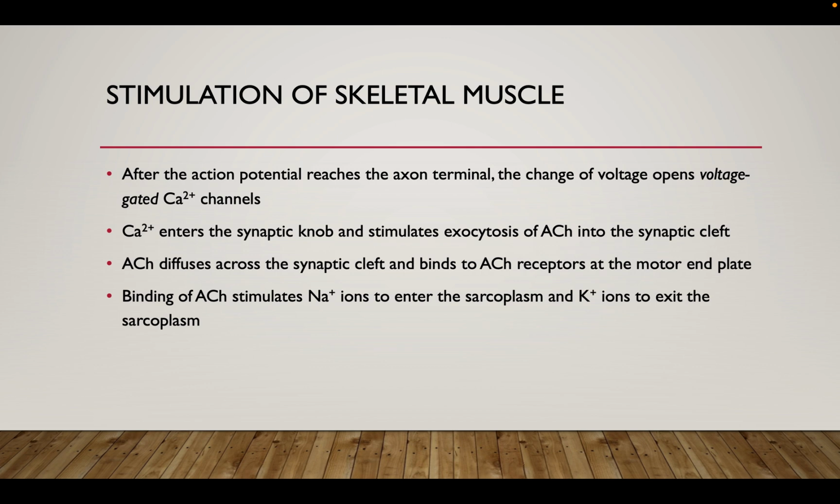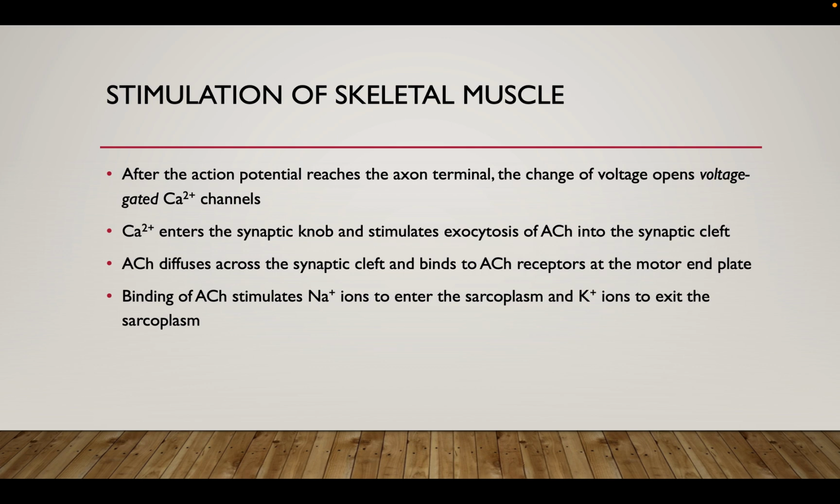So when this action potential reaches our axon terminal, those ends there, what you have are voltage-gated calcium channels open. Okay, when these calcium channels open, you have lots of calcium on the outside of the synaptic terminal, the synaptic bulb.